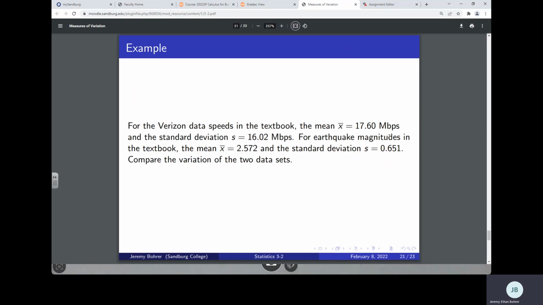For our last problem, we come over here to this example. For the Verizon data speeds in the textbook, the mean x bar is 17.60 megabytes per second, and the standard deviation s equals 16.02 megabytes per second. And I'm just writing that information down.